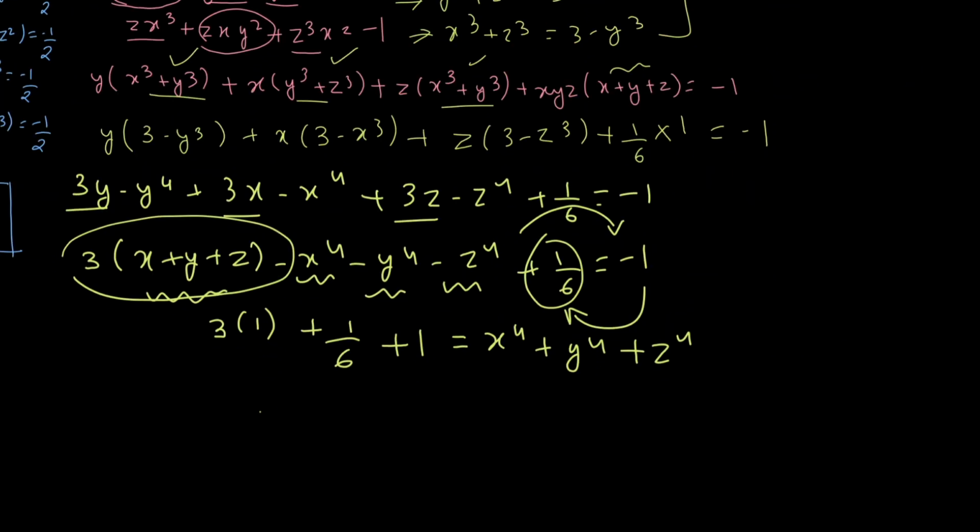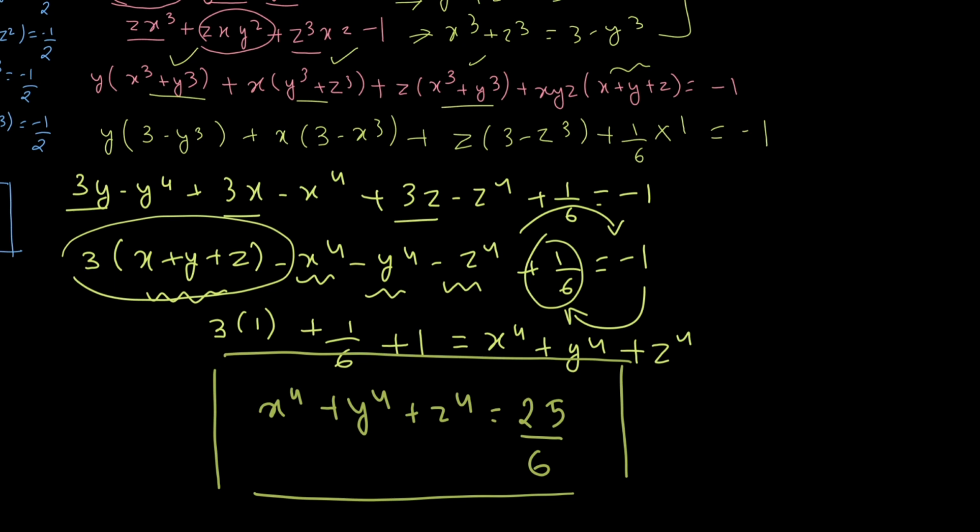So finally, when you solve this particular equation, you will get the value for x to the power 4 plus y to the power 4 plus z to the power 4 as equal to, when we simplify, 18 plus 1 is 19, plus 6 is 25 upon 6. So here we have the value for x to the power 4 plus y to the power 4 plus z to the power 4, and let this be equation number 4. And here it is 25 upon 6.